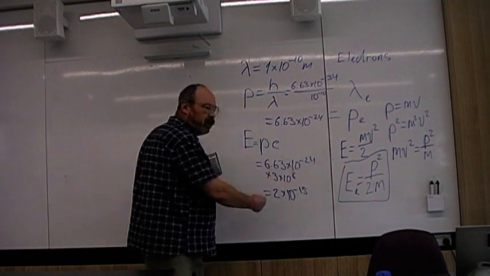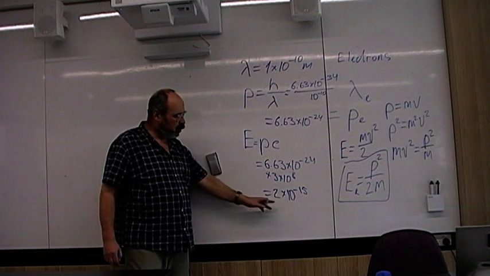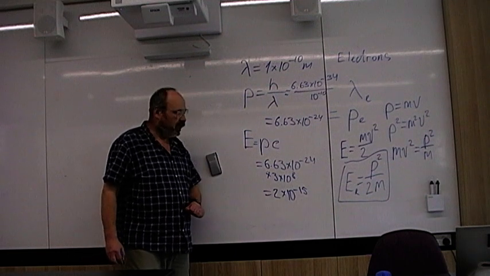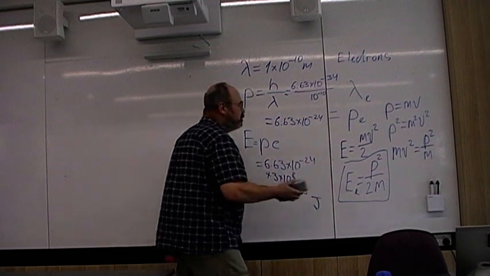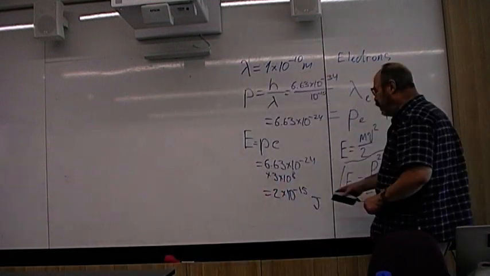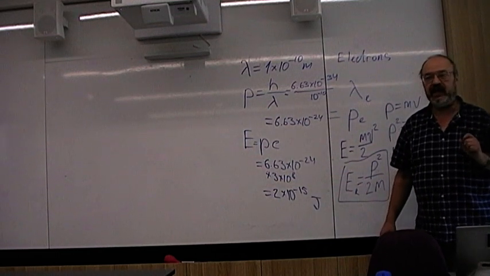Can you please check my calculation with the calculator? It's about right, 1.989. So 2 times 10 negative 15 joules. Now, let's calculate the energy of the photon of X-ray.